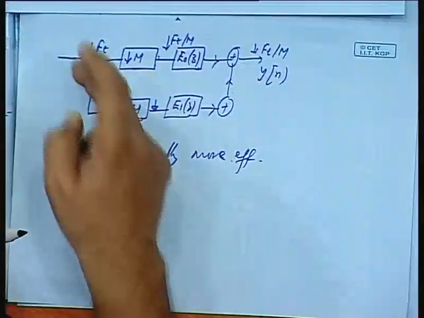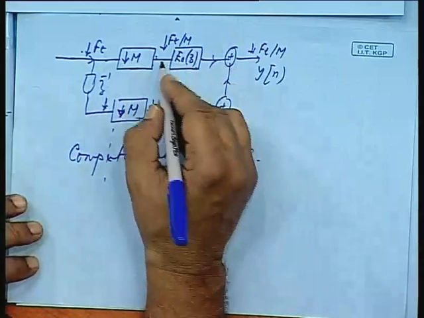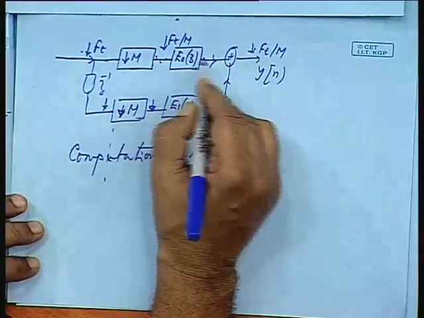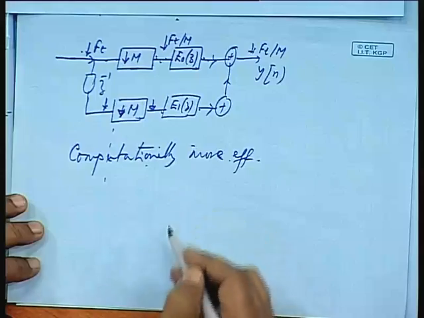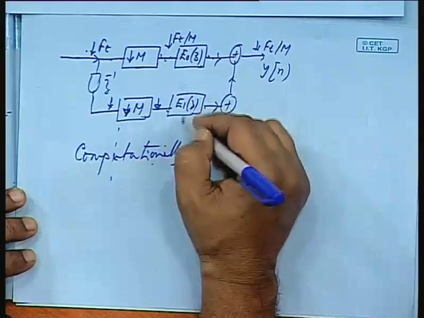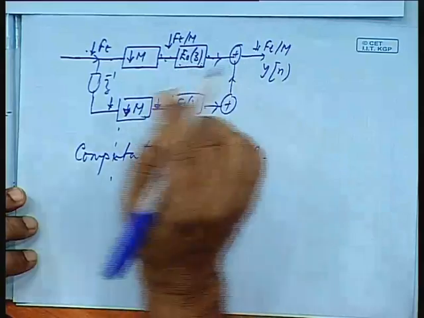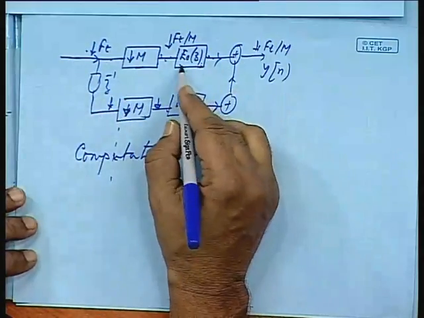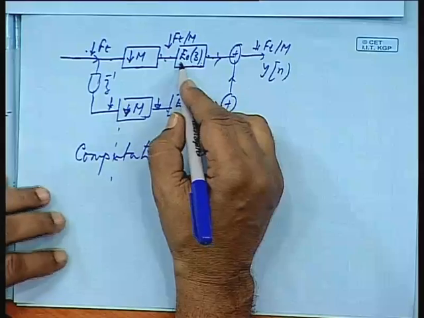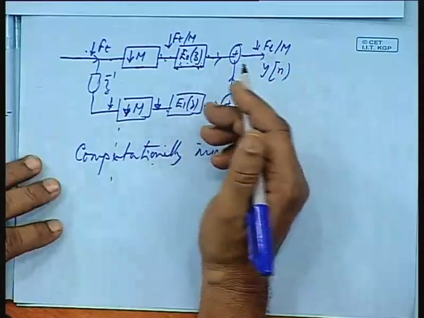Now what happens here? You are downsampling the data right in the beginning, you are choosing the data, you are making a shorter length, and the computations are going on simultaneously in parallel channels. So all the arithmetic operations are going on, nobody is sitting idle. So all these elements will keep on computing, okay, and they are having selected coefficients. Now out of 9 coefficients, here only 3 terms are there, so 3 multiplications and 2 additions.